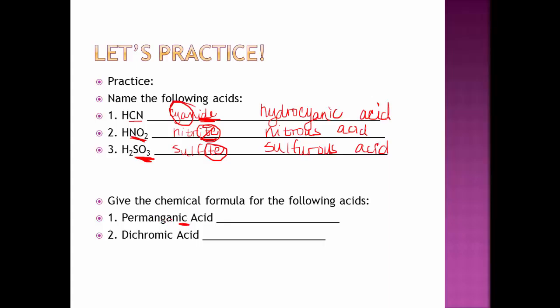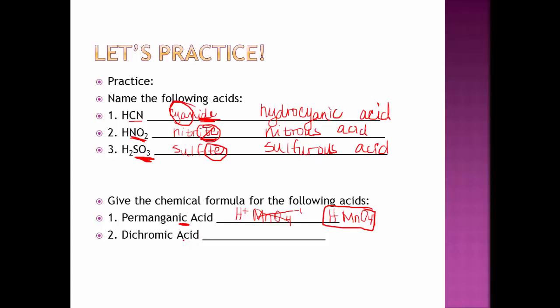So permanganate is the ion that we're dealing with here, which is MnO4 minus 1. So that's the anion, but that's not the acid. The acid is when that ion is paired up with hydrogen. So we write the H plus in front of it. We think about doing the crisscross rule. This one's just 1 to 1. So it's HMnO4. Okay, so that's the acid formula for permanganic acid.